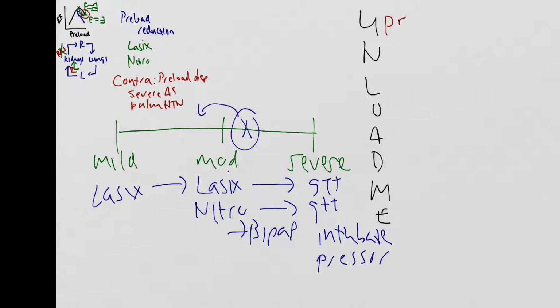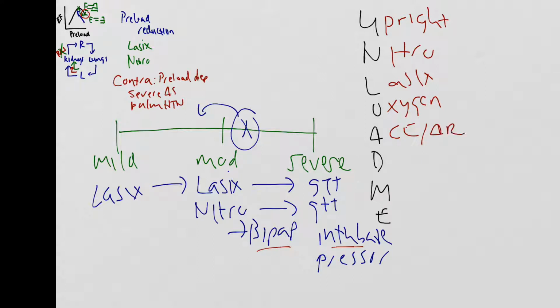U is for upright, N is for nitro, L is for Lasix, O is for oxygen, which means BiPAP or intubate the patient, A is for an ACE or an ARB, D is for digoxin, M is for morphine, and E is for electricity in case you need to cardiovert your patient.